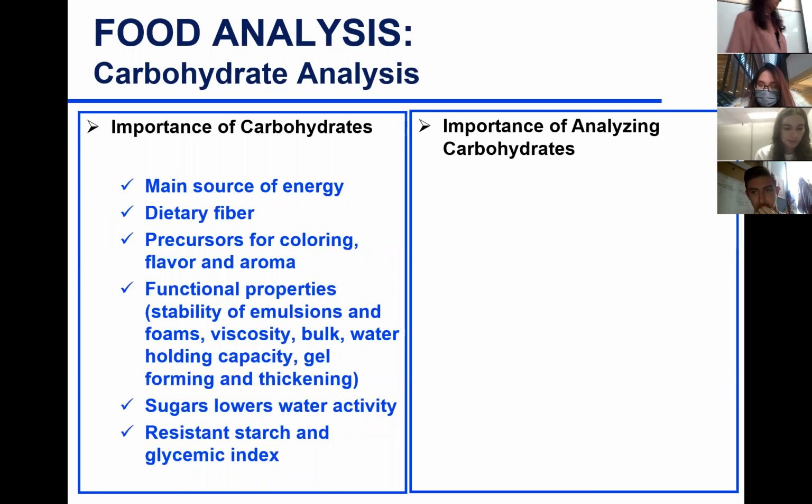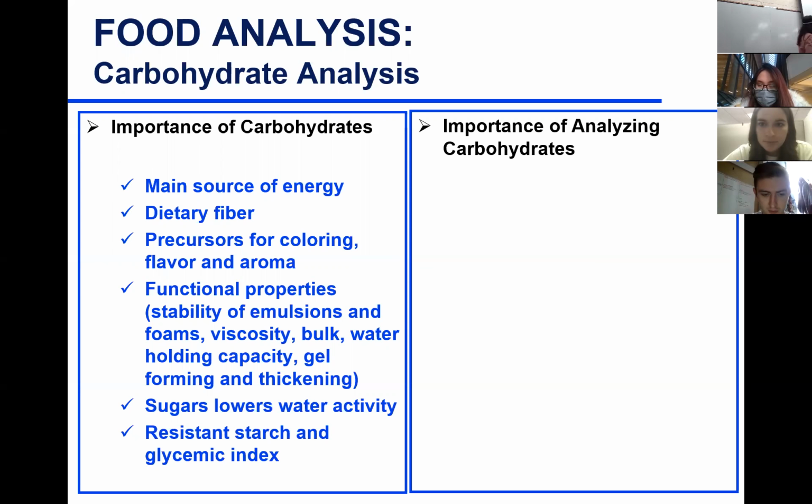So functional properties. The starch helps with building the body and the texture. Starch gelatinization adds to the formation of gel matrices, adds viscosity, bulk, and holding of water. So thickening: if you want gravy, for example, starch helps with thickening your gravy.